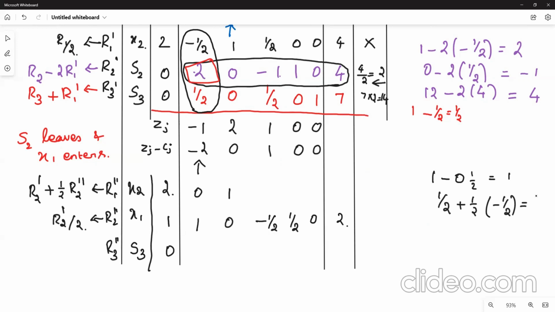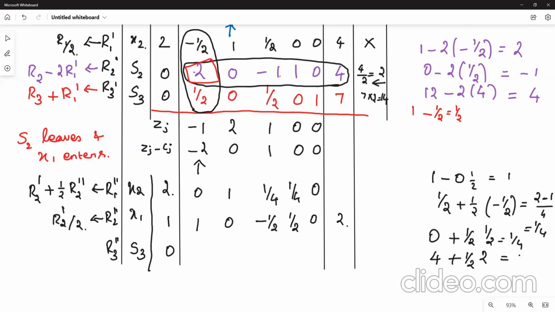Taking 4 as LCM, 2 minus 1 by 4, so 1 by 4. The entry here is 1 by 4. There I have 0 plus 1 by 2 into 1 by 2. That is 1 by 4. Here entry is 1 by 4. 0, 0, 0. So next entry is 4 plus 1 by 2 into 2. That is 4 plus 2, that is 5. Okay, so the entry here is 5.